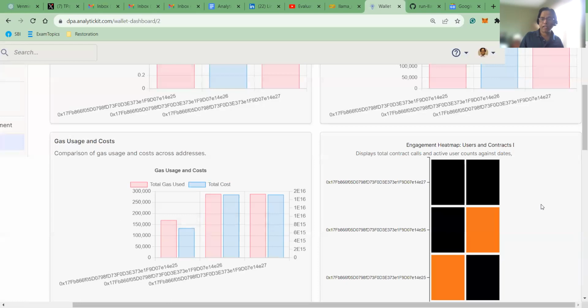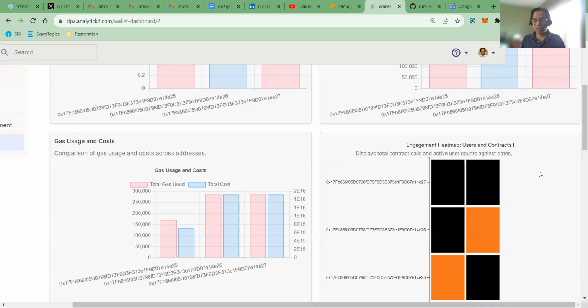And then the next one I have is the engagement heat map. It basically shows the total number of users who used your contract address, based on each of the public wallet addresses we have. We will show different graphs with different colors that tell the user count, which gives you an indication of how many users used it and how many times they used it.